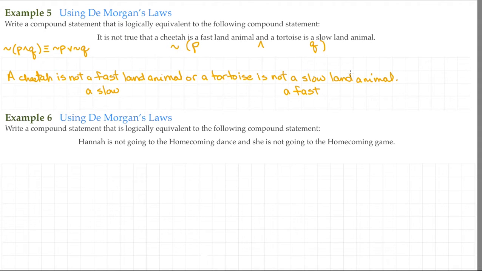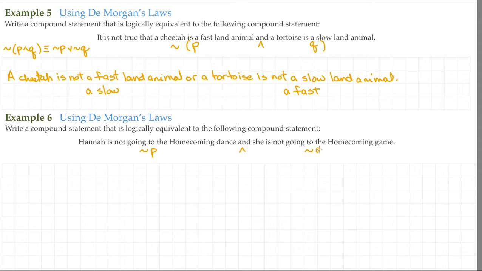This next example here, same idea. We have Hannah is not going to the homecoming dance, and she is not going to the homecoming game. So maybe you can see right here, Hannah is not going to the homecoming dance. Maybe this is not P. We have an and, then we've got a not Q. Hannah is not going to the homecoming game.